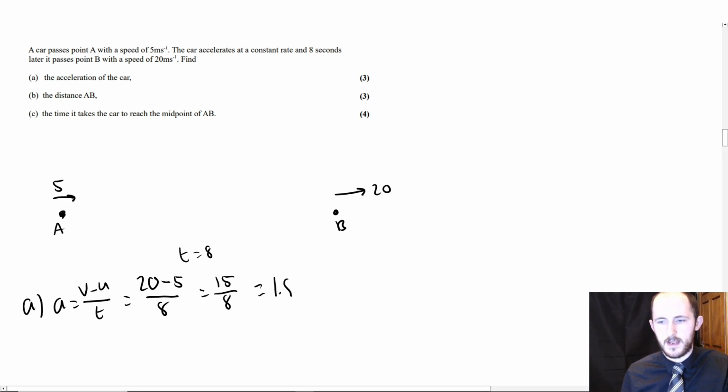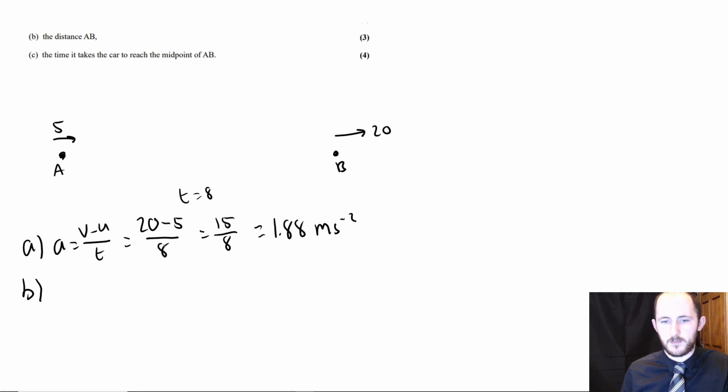So you can say 1.88 meters per second squared. B, the distance between A and B now. Well, if we write down all the variables we have, S is what we don't know, U is 5, V is 20, A is 1.88, and T is 8.